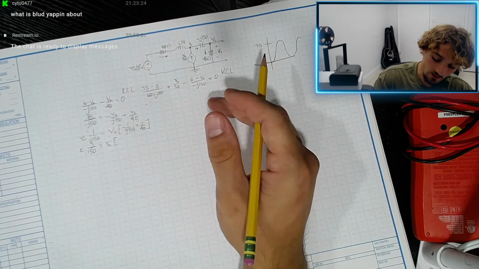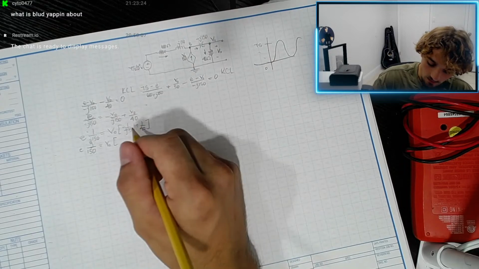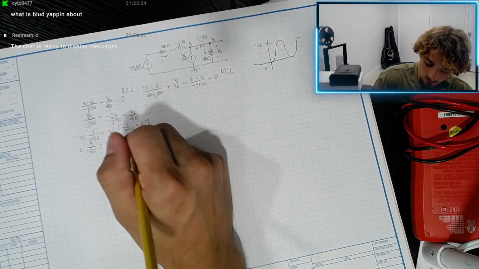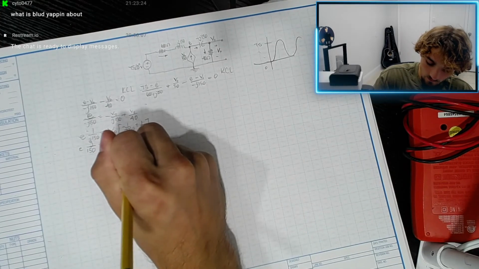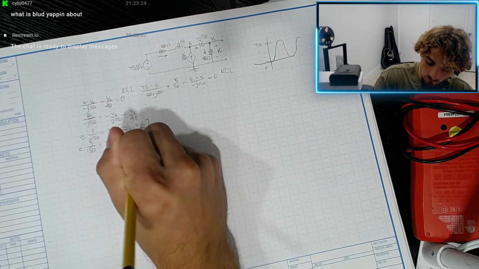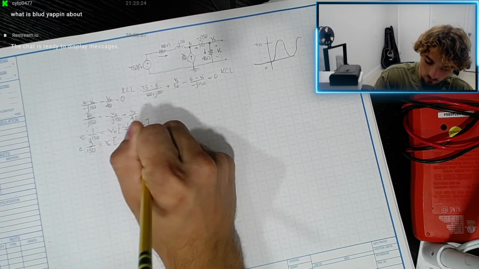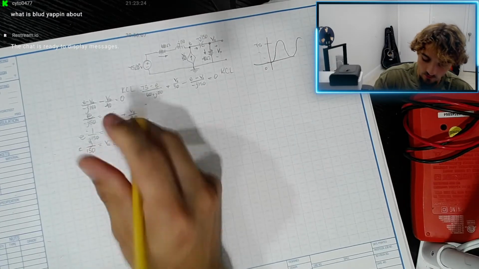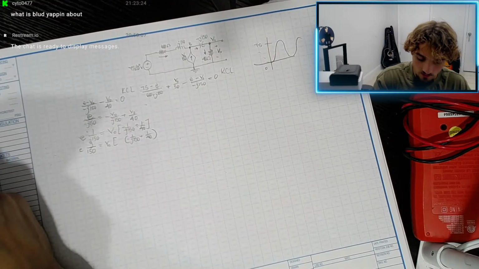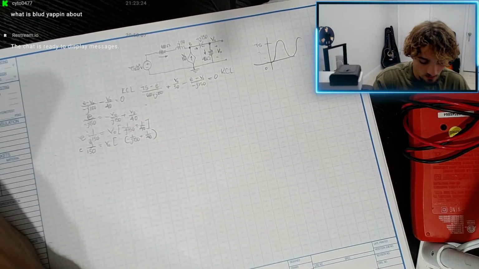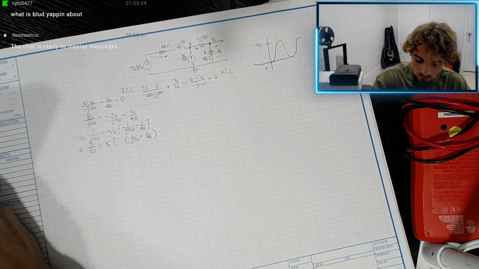Whatever it is. Okay, negative 1 over 150. Multiplied by what? What's the common denominator to get that on top, and then we could do it like that. I think it would work. Yeah, it would.